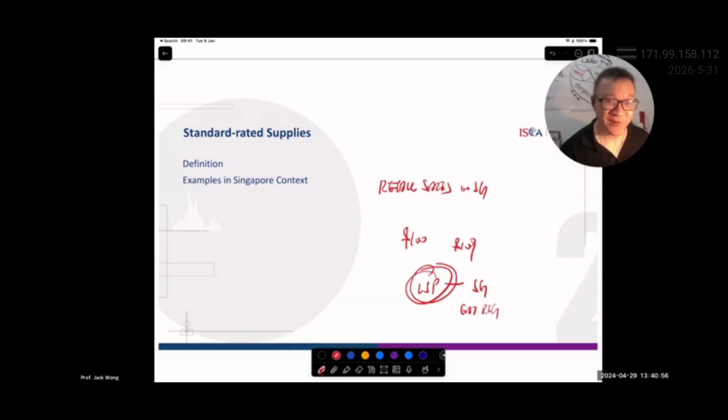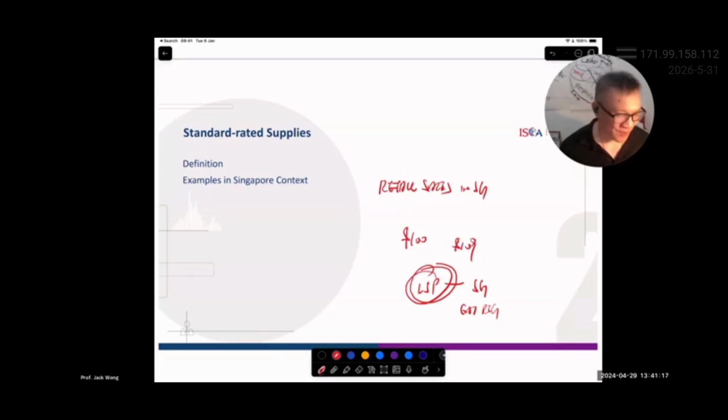And that's why it's obliged to charge you the 9%. Remember, never solve GST issues based on income tax principles. Okay, I may be harping on this again and again throughout the presentation.